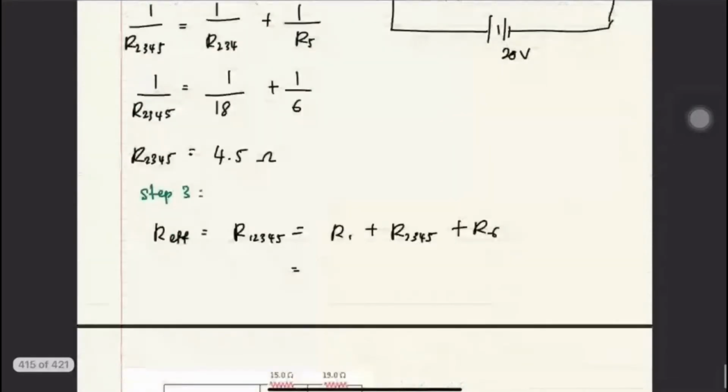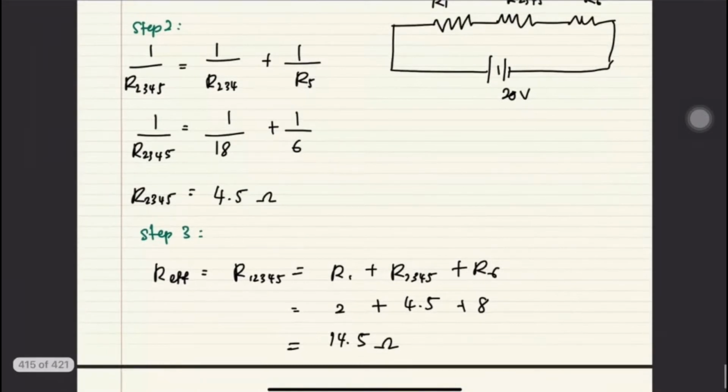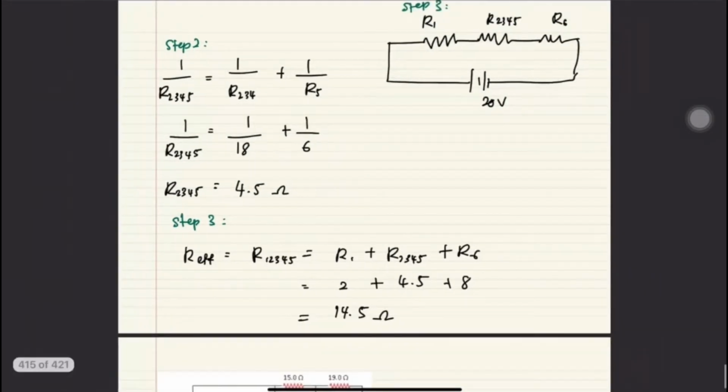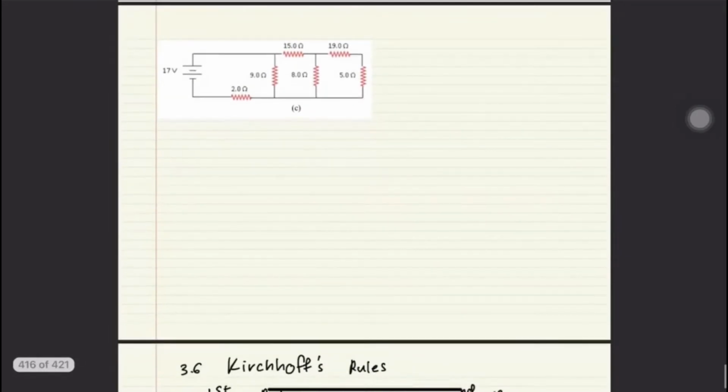So 2 over here, 8 over there, 4.5. So you should get 14.5 ohm. Okay, you guys clear with this? Yes, sir. Okay, good.